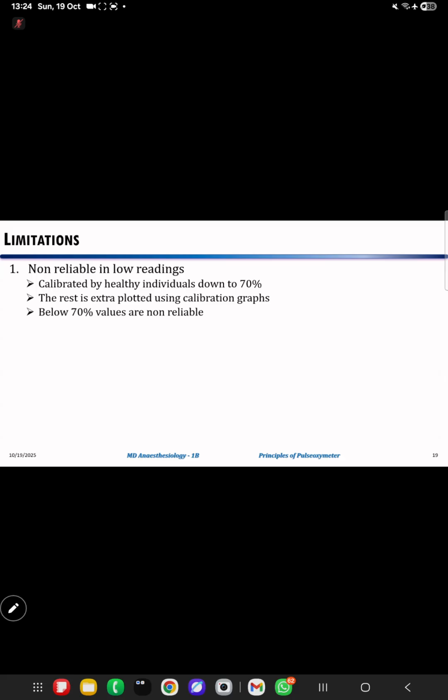But ethically, we can't desaturate them beyond certain limits. So because of that, below 75 or below 70 saturation, most of the values are extrapolated according to the other values. Therefore, we don't know whether the low readings are correct or not. So the reliability of low readings is low.